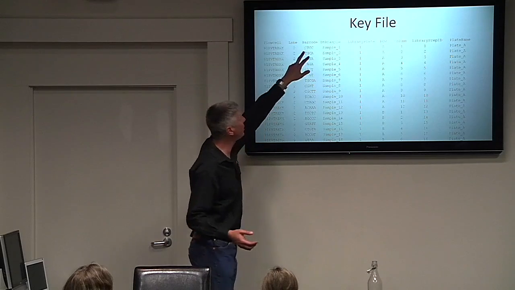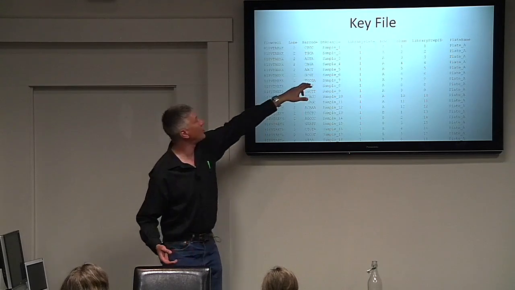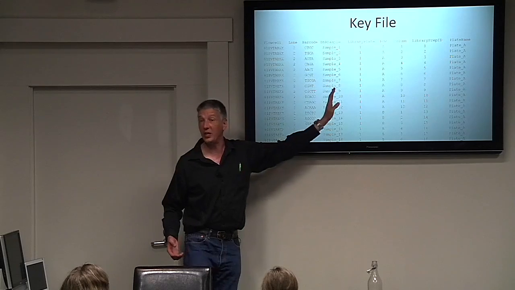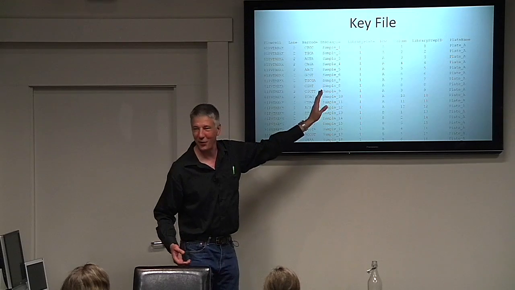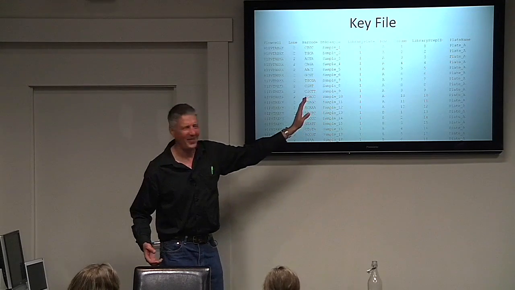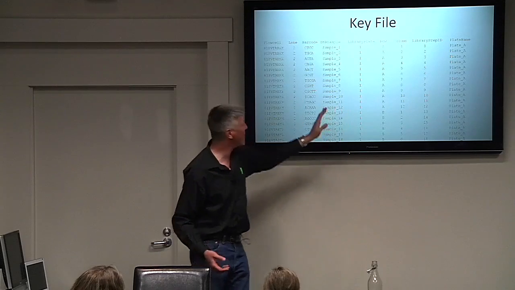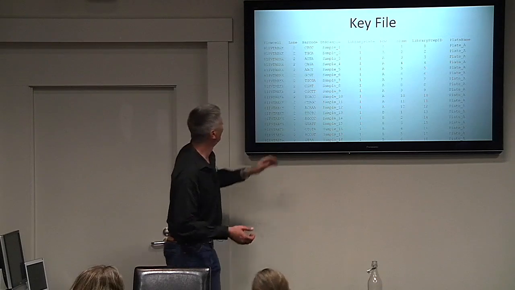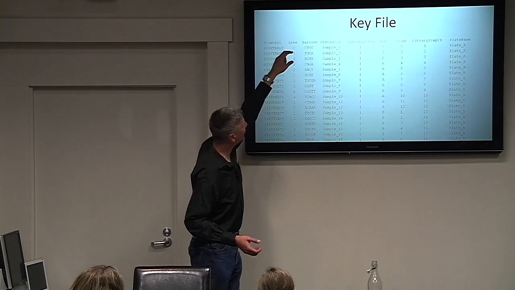So here's our barcode, right? Here's our sample name. And these are really poor sample names. You ever go in the fridge in the lab and it just says 1? That's really, really bad. So don't name your samples like this, okay? Don't do that. Name them something meaningful.